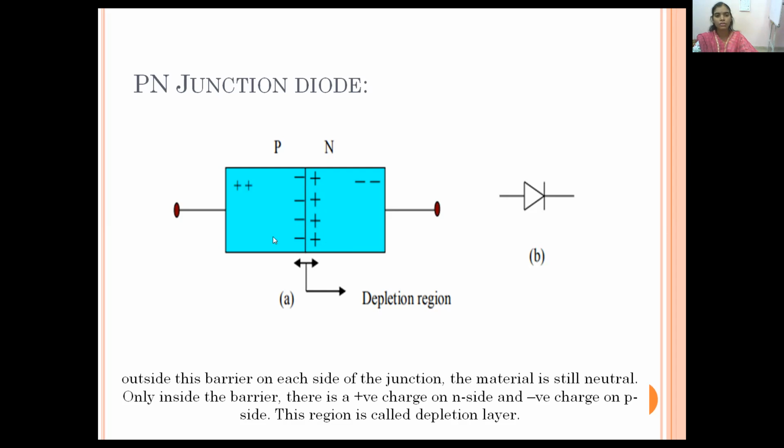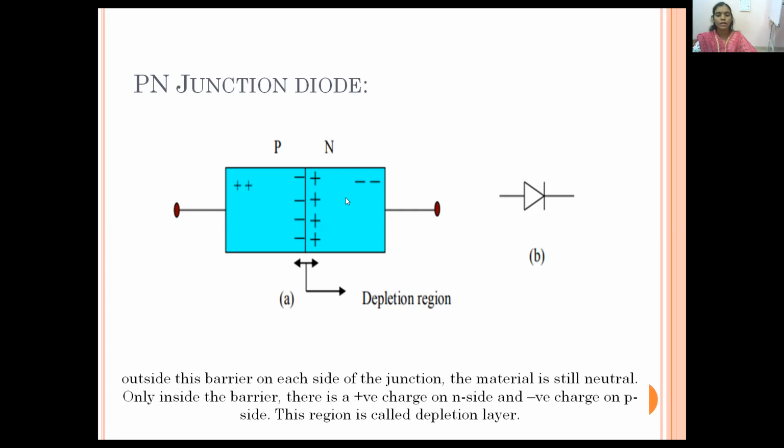As the free electrons move across the junction from n-type to p-type, positive donor ions are uncovered. Hence, positive charge is built up on the n-side of the junction. At the same time, free electrons cross the junction and uncover the negative acceptor ions by filling the holes.